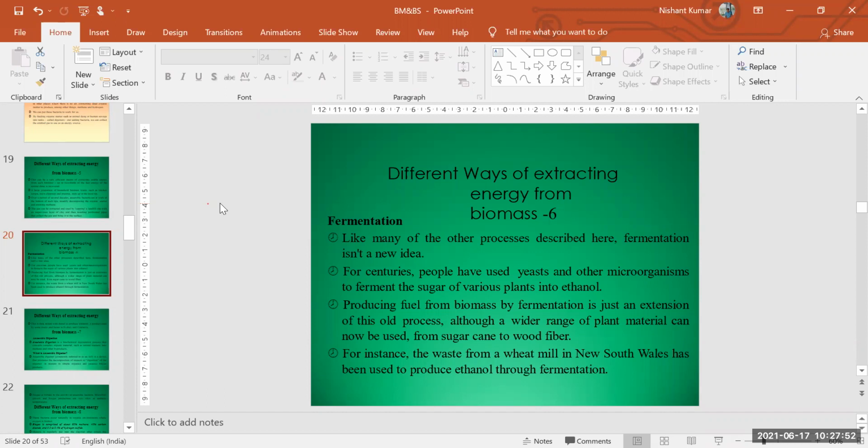So these are examples you could consider of how microorganisms can be helpful. It was practiced much earlier, decades ago.